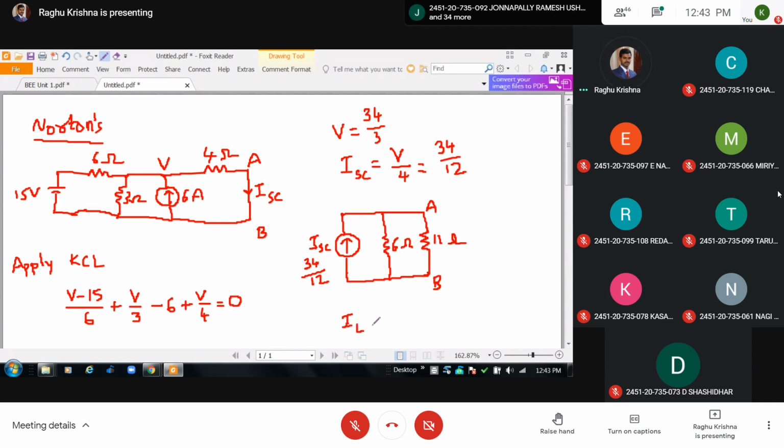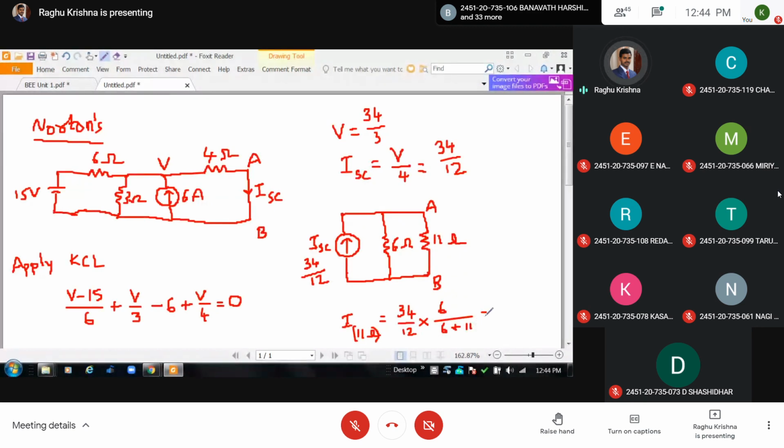So a total current 34 by 12 into the opposite resistance 6 by the sum of the resistances 6 plus 11.